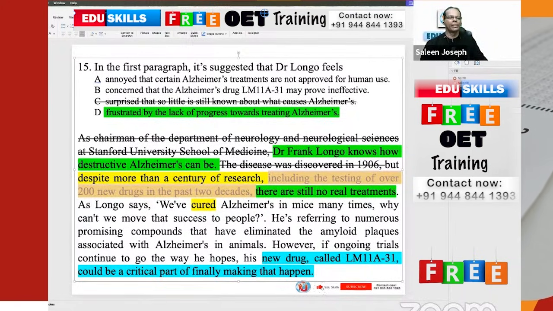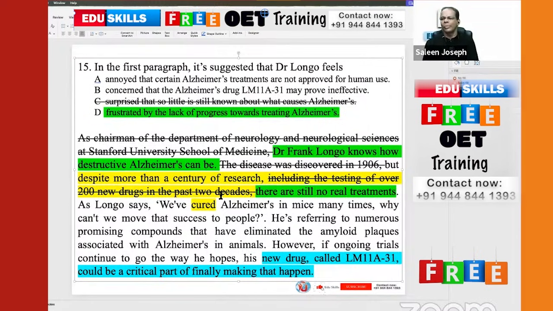This is again a complement, right? Yes. This is explaining what? Explaining the research, the testing of over 200 drugs, that part of the result. So even if you read only, despite more than a century of research, there are still no real treatments, you can ignore those complements, those secondary explanations.